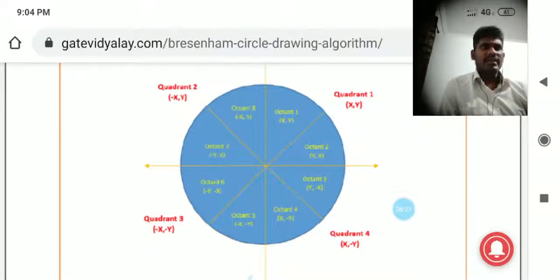All of you know that we are studying raster scan, random scan, CRT monitors, displays and plasma displays. The display entirely contains a number of pixels.